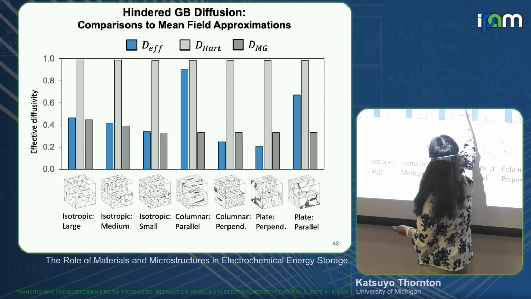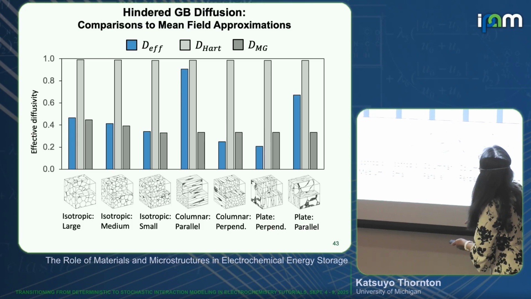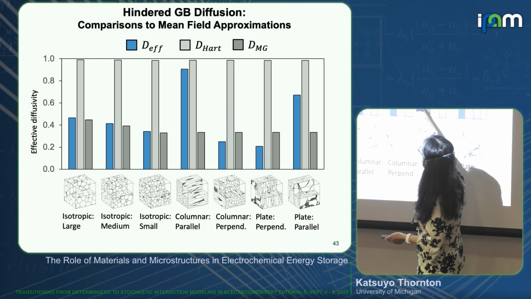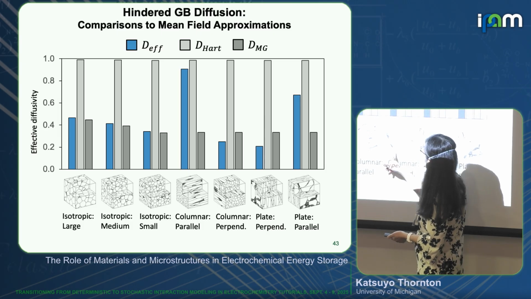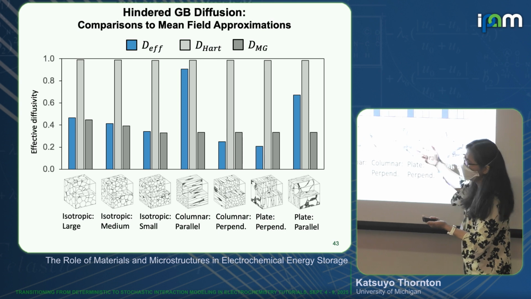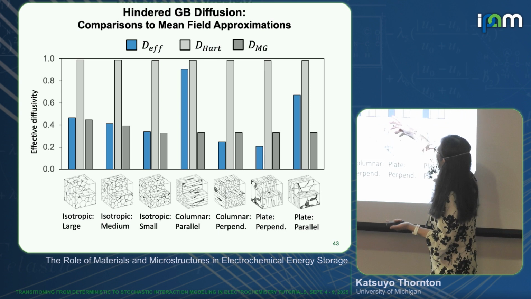But the Hart's always overestimates. The Maxwell-Garnett is not as good here when you have something like this, but it's within the same order, more error but not terrible.